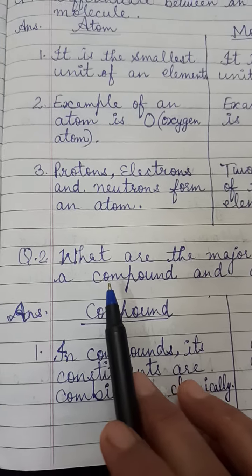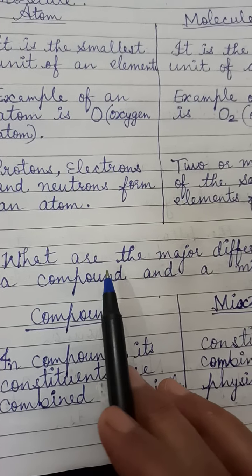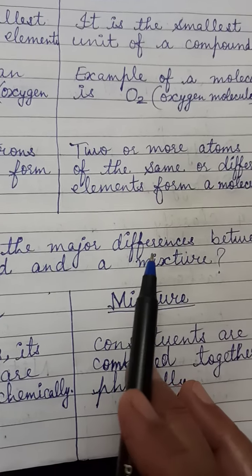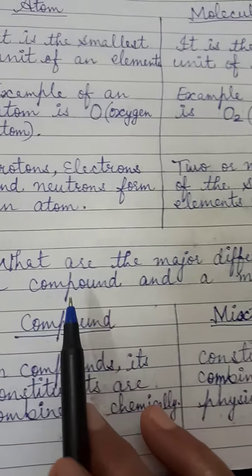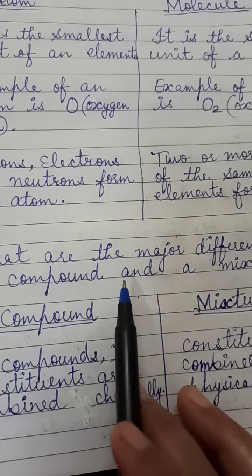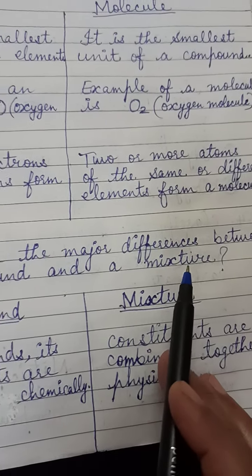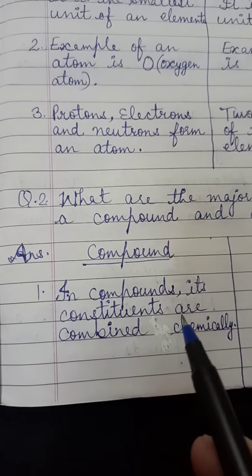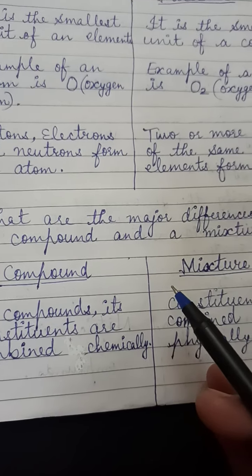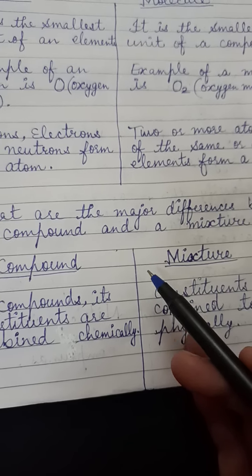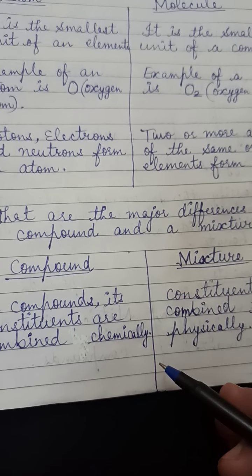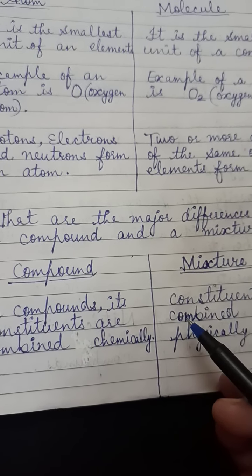Now question number 2 is, what are the major differences between a compound and a mixture? So here also when we write differences, then we have to draw a line at the center and make two equal columns.